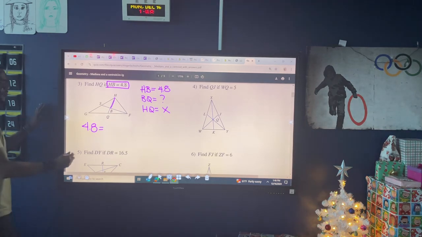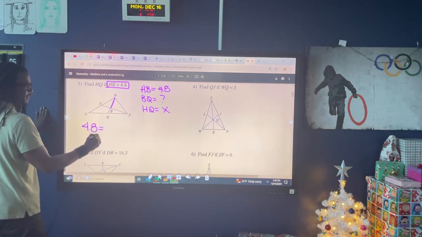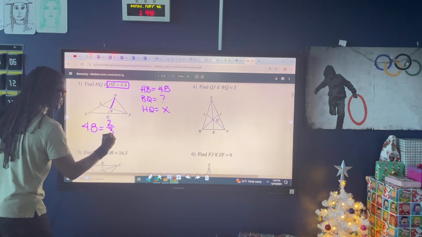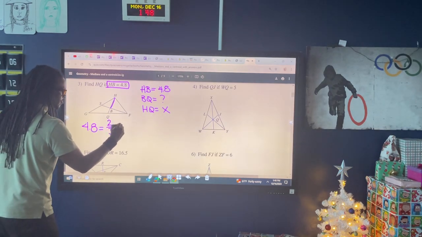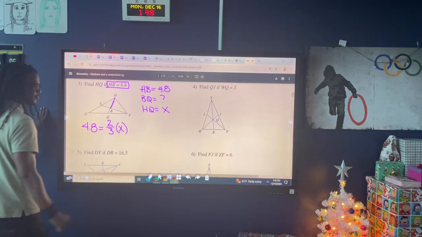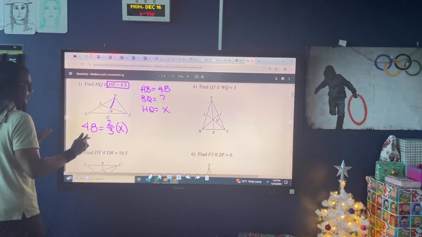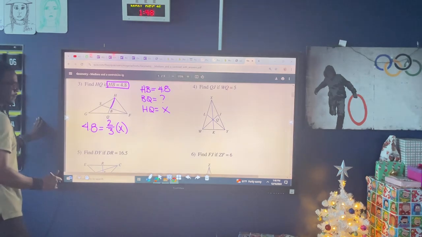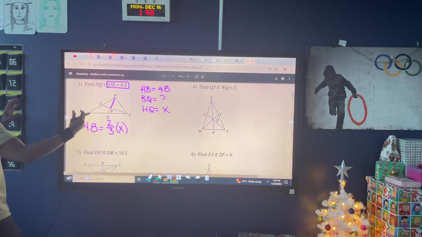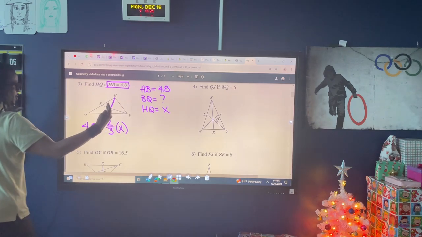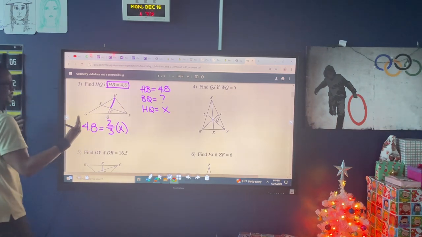But we do know that HB is 2/3 of HQ. So the entire distance is X. They gave us HB, which is 2/3 of that. So all we've got to do is multiply or take the reciprocal, and it's going to give us the X, and we're out of there.